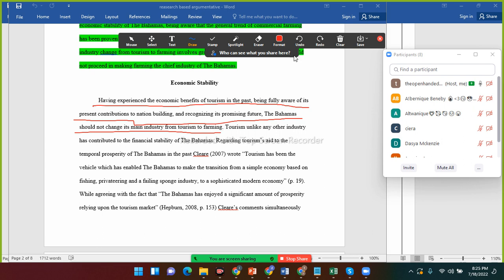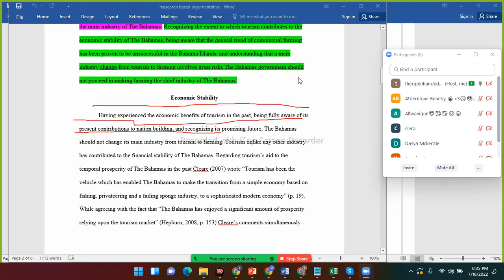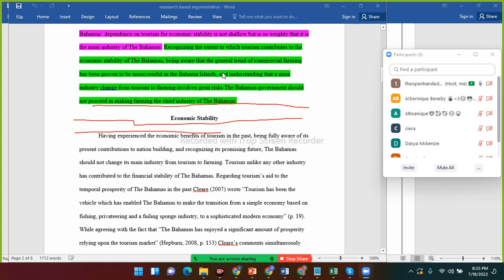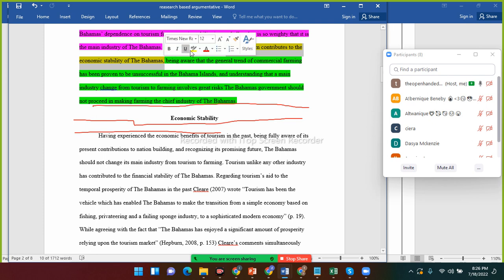If you look at what my introduction said, my thesis started off with the fact that tourism contributes to the economic stability of the Bahamas. That's literally what I said for my first point in my introduction. I said, hey, tourism contributes to the economic stability of the Bahamas.